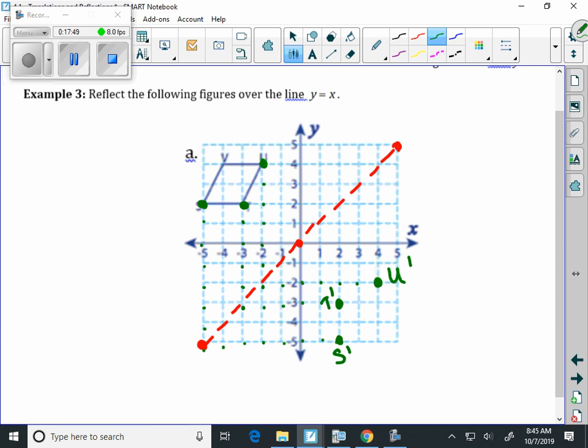Here's our new U. You're forming a right angle when we do these. And one more time, from B, 8 spaces down and 8 spaces across. There's our new figure.